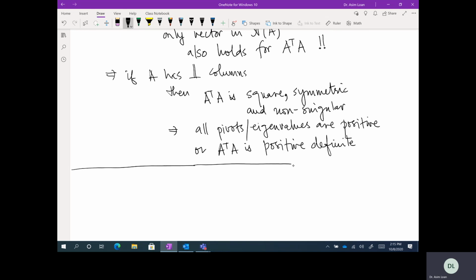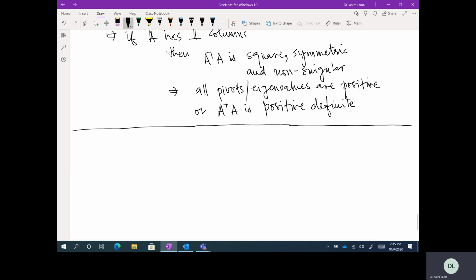So maybe we have time to look at projection matrices a little further, and then we can finish this lecture. So projection matrices.